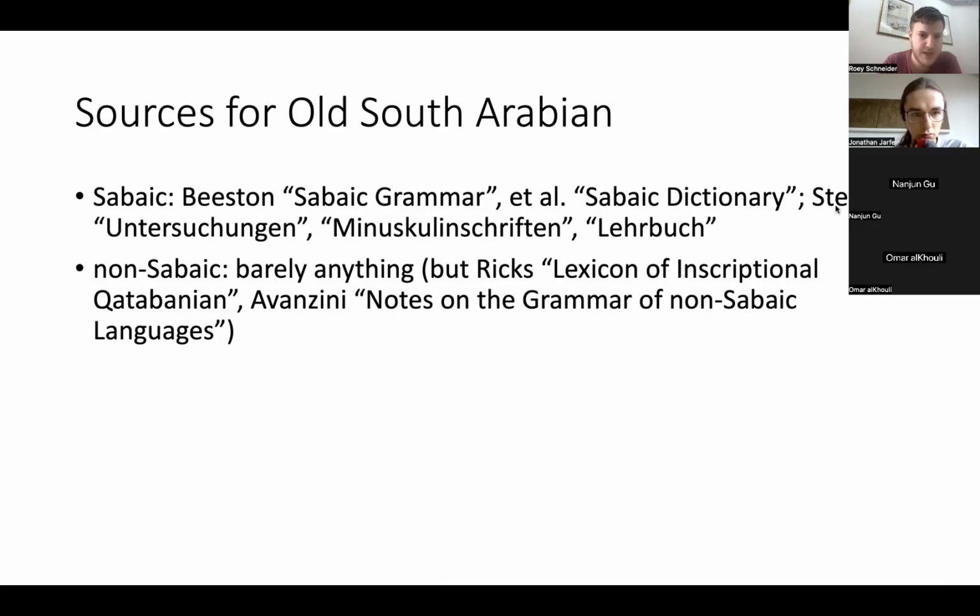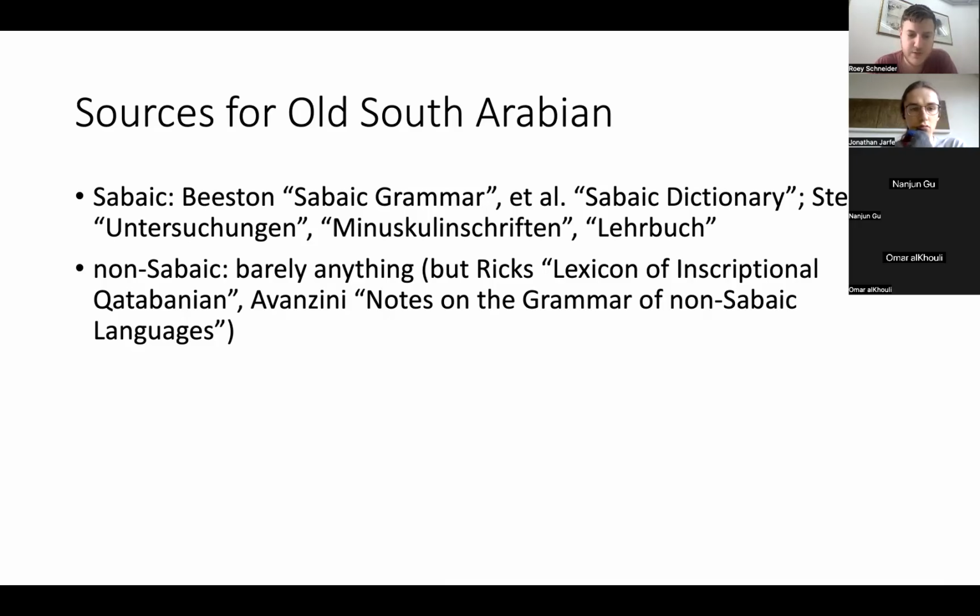And Peter Stein has 3 books that are very, very useful on Sabaic, Untersuchungen zur Morphologie und Phonologie des Sabaischen, something like that, and a very large book on the Minuskulenschriften, so the minuscule writings, which in Sabaic are very, very common and many, and Lehrbuch der Sabaischen Sprache, yeah, which is a really nice textbook.